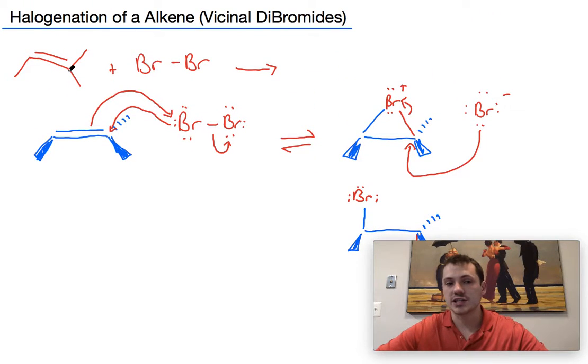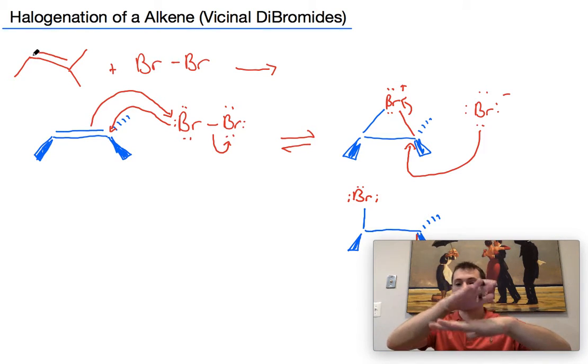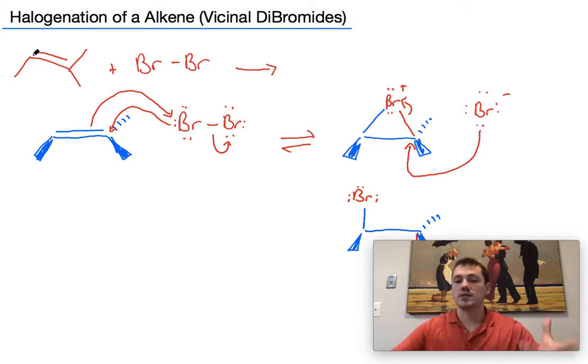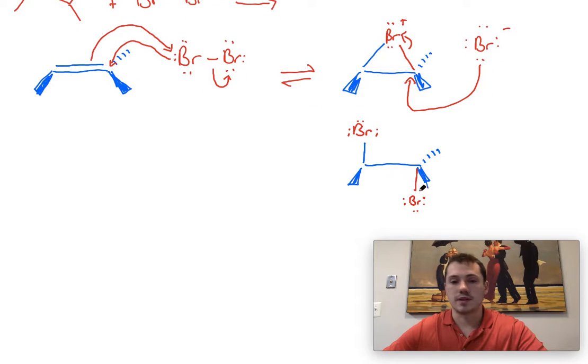If we look at this initial alkene, each of the carbons is sp2 hybridized. sp2 hybridized means that it's a planar structure, a trigonal planar geometry. Because it's planar, it can easily come in from the top or the bottom. There's no preference, no steric hindrance. And that's why the opposite of this, with this bromine going down and this bromine going up, could just as easily form.